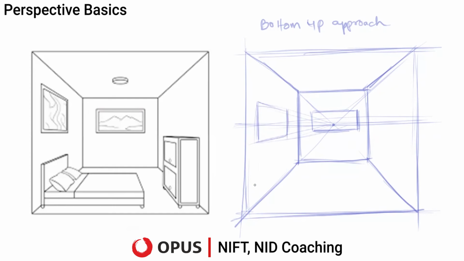Now to construct the bed, you first make a ground space like this to have an understanding of how much space it is going to cover on the ground, on that floor, how much space the bed is going to cover in that floor.